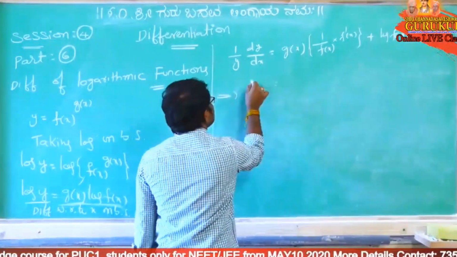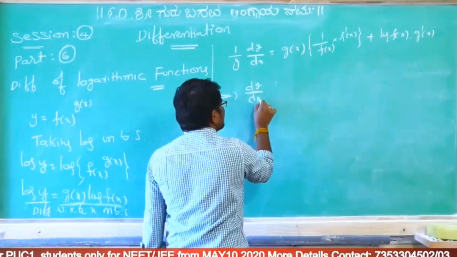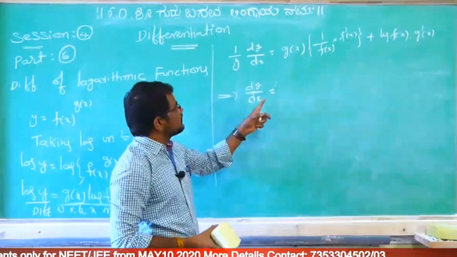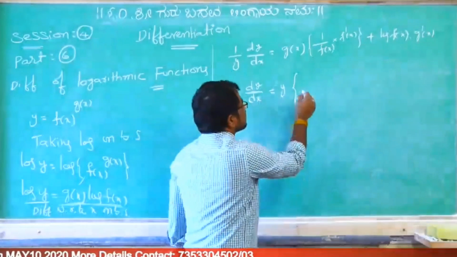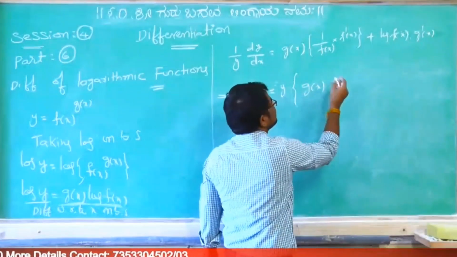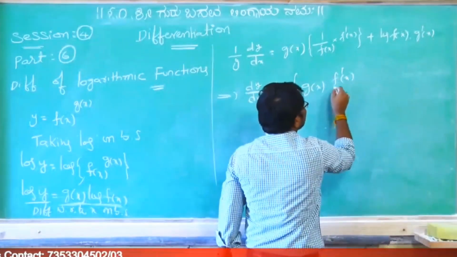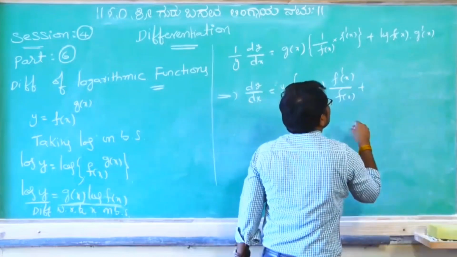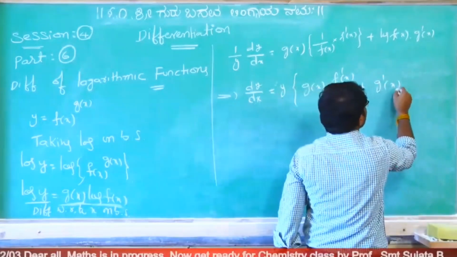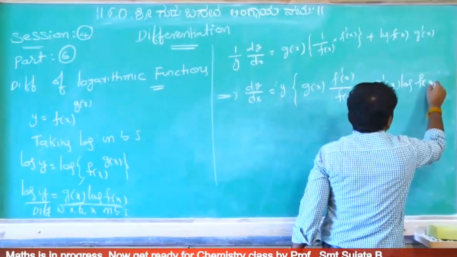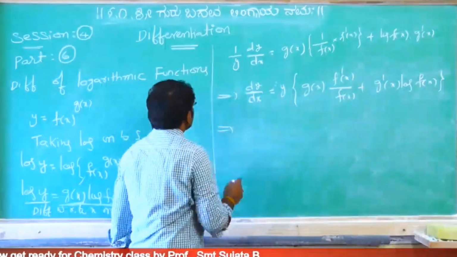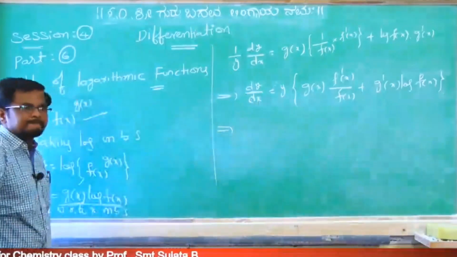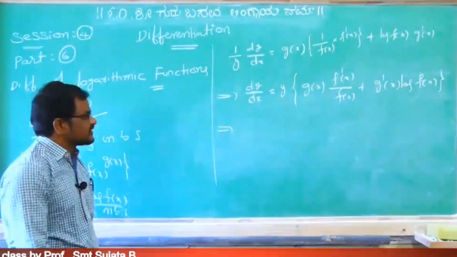That implies dy by dx we want. This y multiplied this side, y into g of x into f dash of x by f of x plus g dash of x into log of f of x. This is our answer. If you want, you can write here what you took for y, f of x whole power g of x.